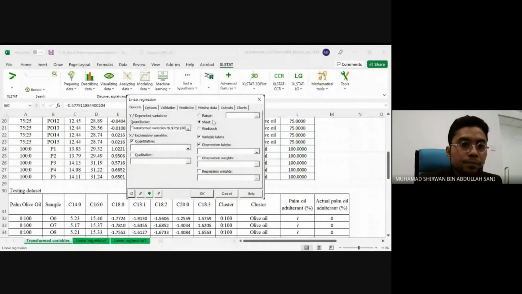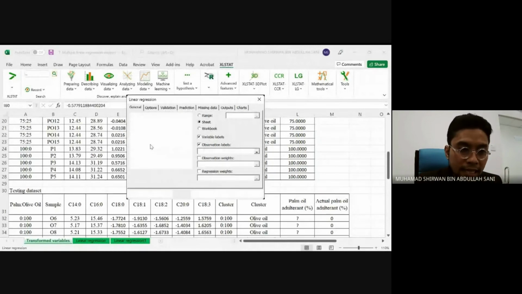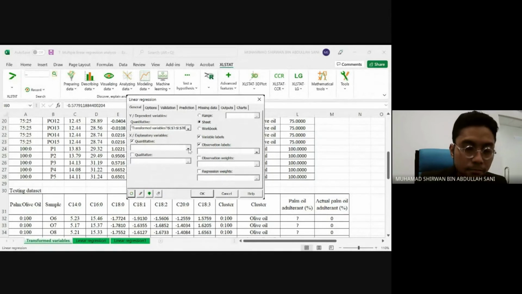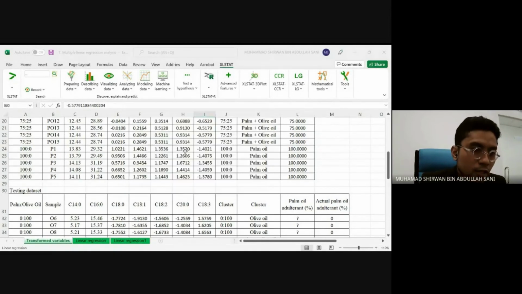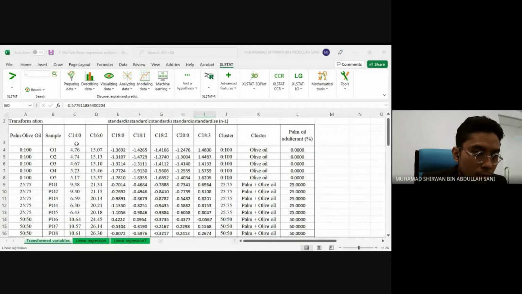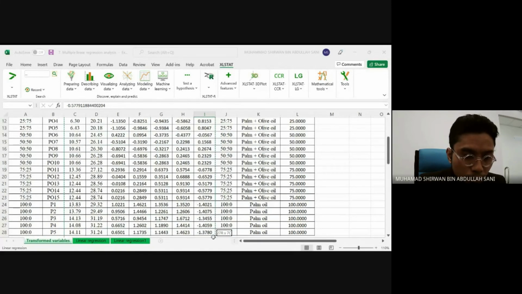And then for X, which is explanatory variables, tick the quantitative box. Yes, because our data is quantitative. Tick that one and then choose starting from C14.0 title, go up to C18.3, and then drag down to the last row of that table.